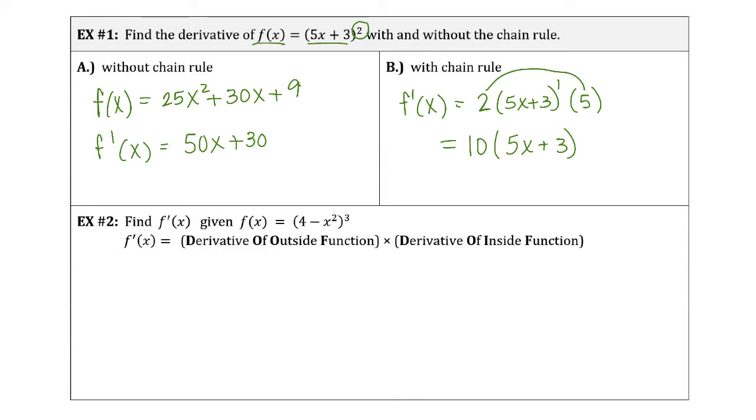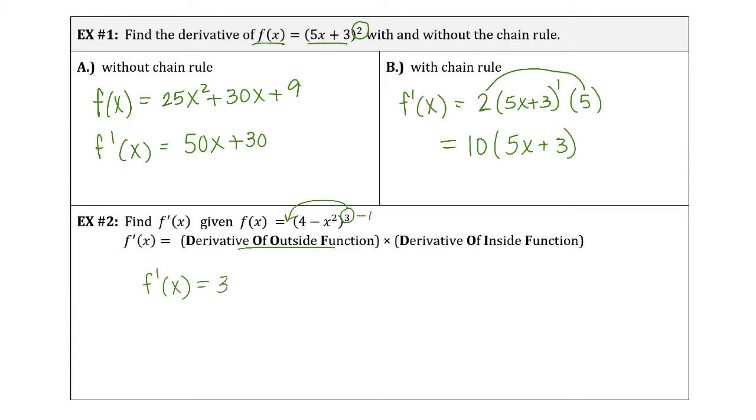But now when we look at example 2, we have something raised to the third power, and this is where you're going to really want to incorporate the chain rule. And so let's go ahead and do that for this one. We would have f prime of x equals the derivative of the outside of the function. So here we're going to multiply that 3 down and subtract 1.